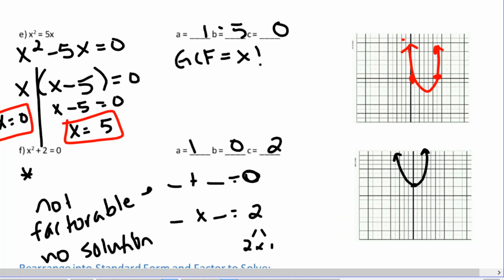F, on the other hand, not difference of squares because we don't see that subtraction. We could try a product sum table, but we're asking ourselves what multiplies to 2 and adds to 0. And that doesn't work out for us. And so this one's not factorable, but this time it also has no solution.